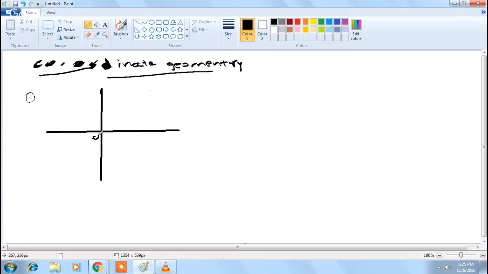So the point of intersection of these two axes is called the origin. This is the first quadrant, this is the second quadrant, and this is the third, and this is the fourth.